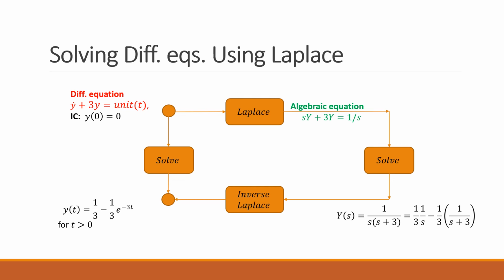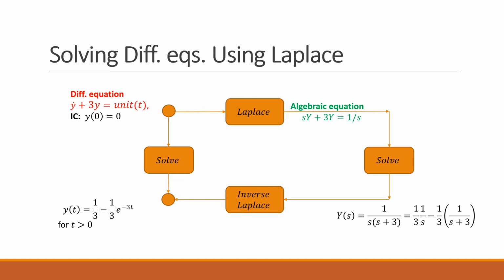As a last note, the inverse Laplace here was done using partial fractions. 1 over s times s plus 3 is converted by algebra to be 1 over 3 times 1 over s minus 1 over 3 times 1 over s plus 3.